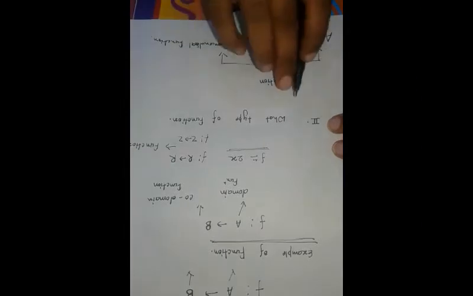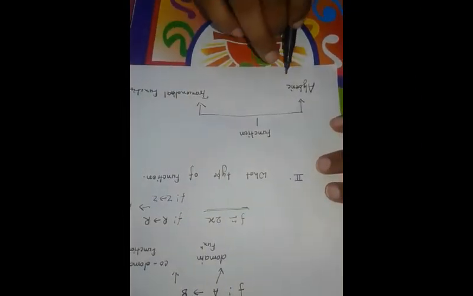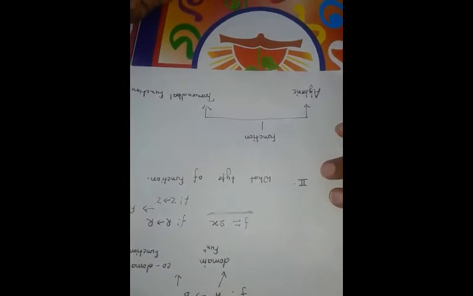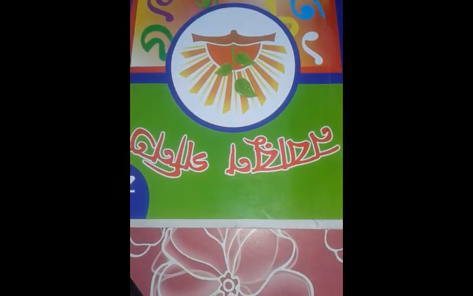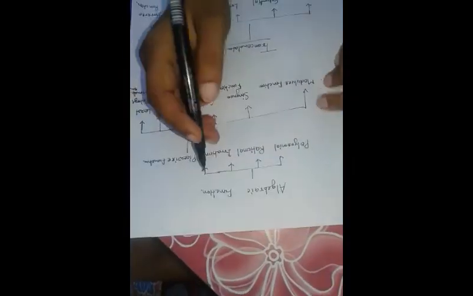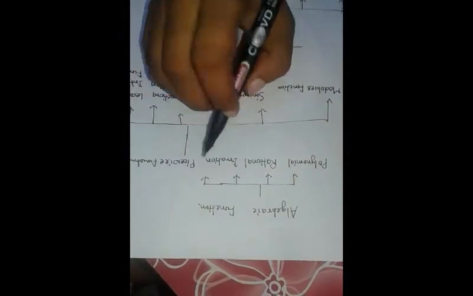Then we look at the types of function. Functions are of two types: algebraic functions and transcendental functions. The types of algebraic functions are polynomial function, rational function, irrational function, and piecewise function.